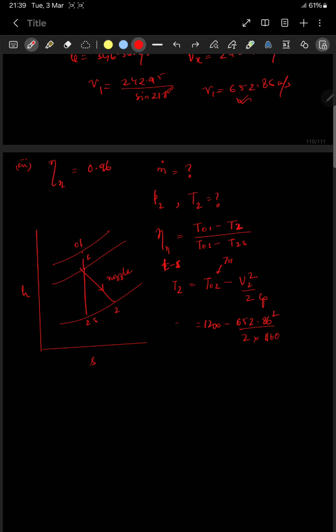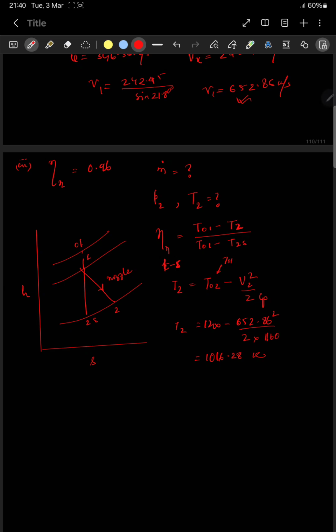Okay, so I'll come to T2 from here. 1016.28 Kelvin, right?